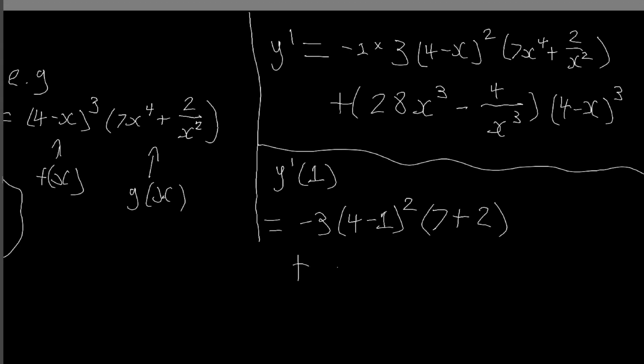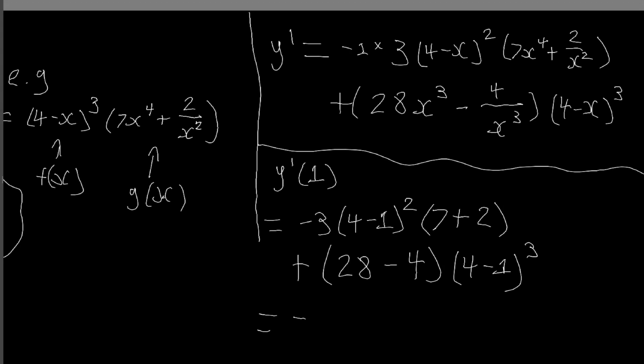And then you're going to add (28 minus 4) multiplied by (4 minus 1) cubed. Now, of course, (4 minus 1) squared is 3 squared, that's 9. Negative 3 times 9 is going to be negative 27. And then you're going to have negative 27 multiplied by 7 plus 2. 7 plus 2 is equal to 9. Negative 27 times 9 is equal to negative 243.